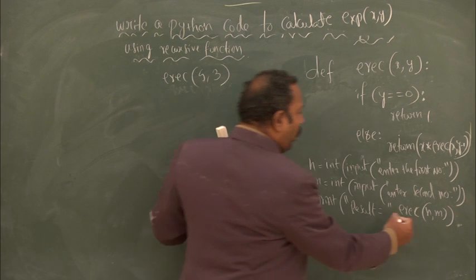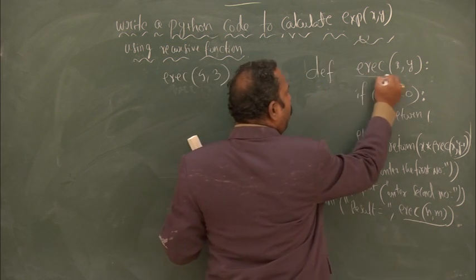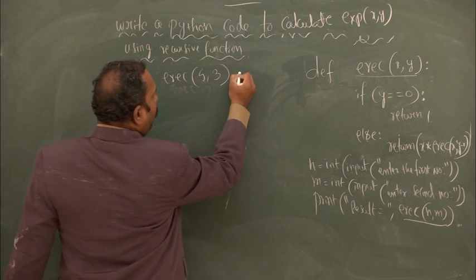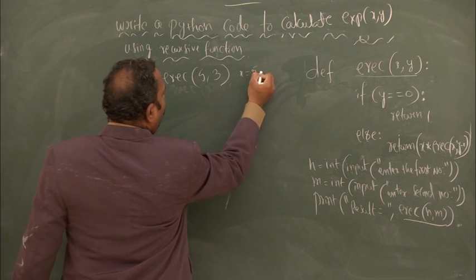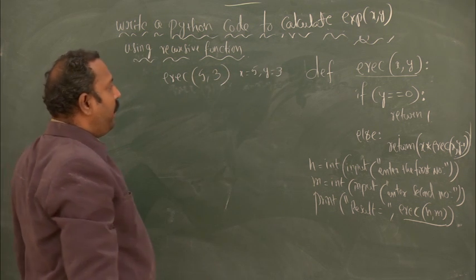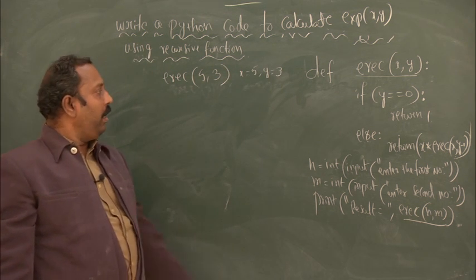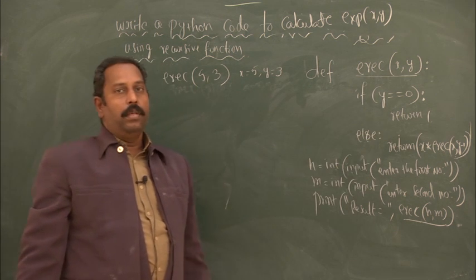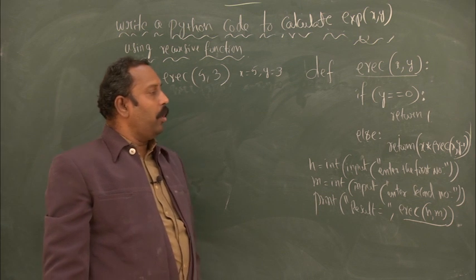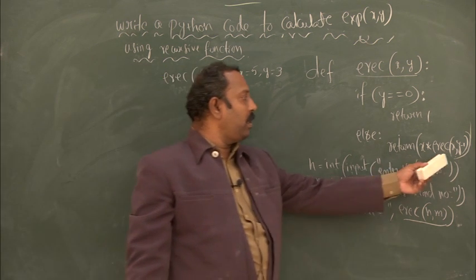Whenever there is a function call, the controller will go to the definition of the function, and here x gets value 5 and y gets value 3. If y equal to 0, return 1, else return x into EREC of x comma y minus 1. That means it is a recursive call again.